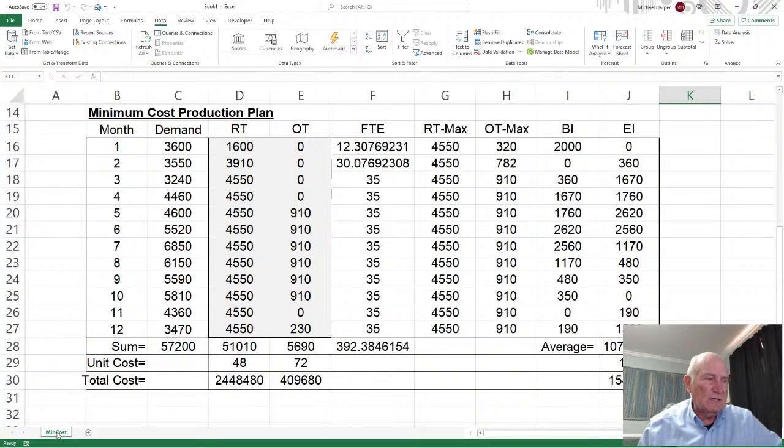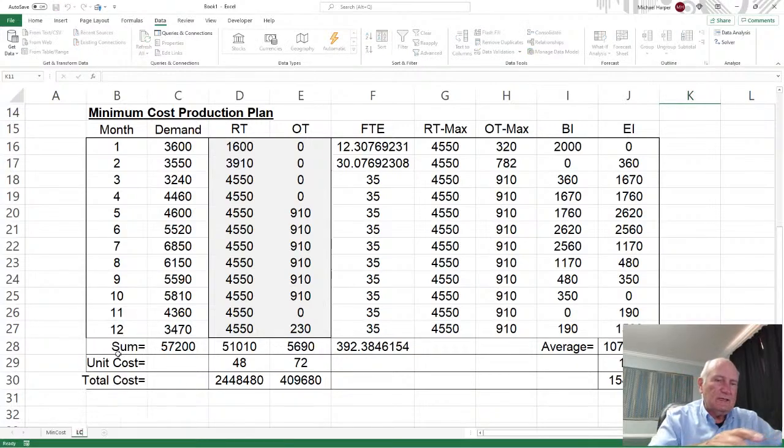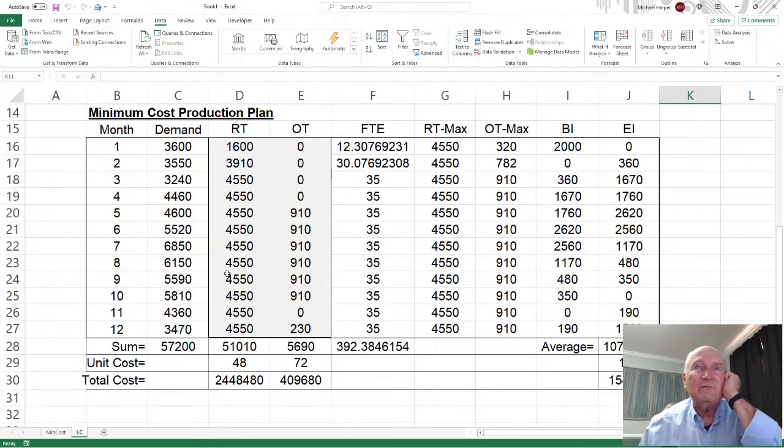So let's control left click and copy this over and rename this the level capacity. Now remember, level capacity simply means that the regular time is all going to be the same.